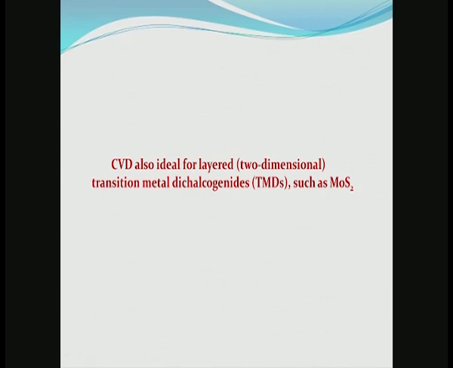Now, CVD, it turns out, is also an ideal process for layered or 2-dimensional transition metal dichalcogenides like MoS2. All of these have become a rage in the research field today following the discovery of graphene, which is a monolayer of carbon. Similarly, for MoS2, one can get a monolayer of MoS2, which is a transition metal disulfide.